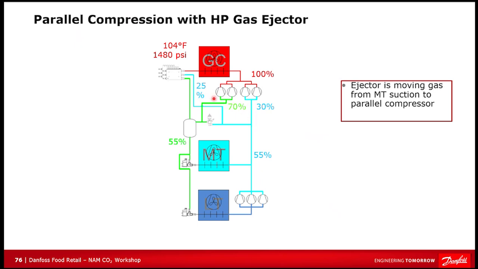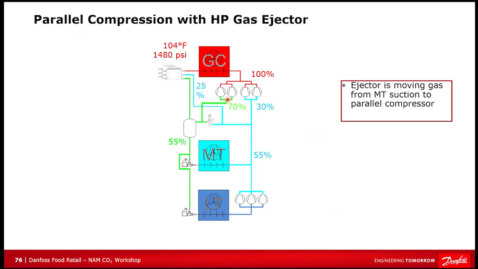So that explains the reason we need the parallel compressors, because when we take that 25% back up to the ejector and have it then flow down into our receiver, now that 25% can be pushed up to the parallel compressors, where, as we covered in our last session, we know we have a smaller compression ratio because the suction pressure that the parallel compressors are working with is much higher than the medium temp compressors.